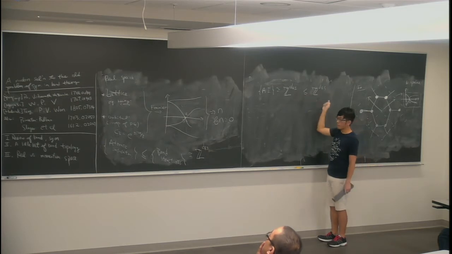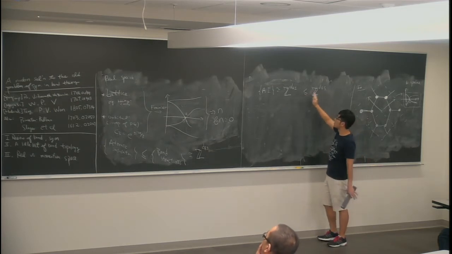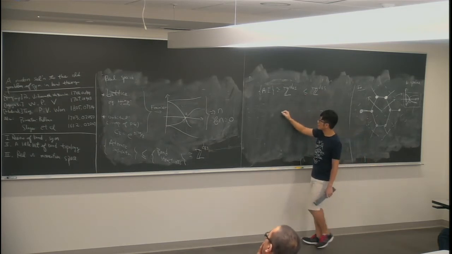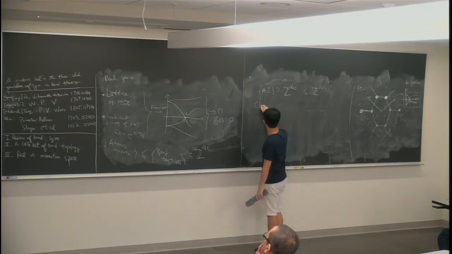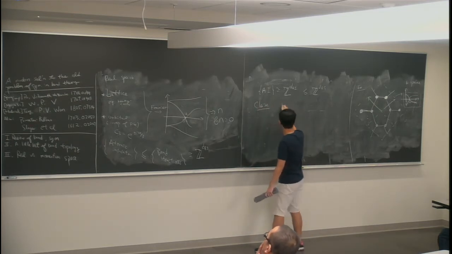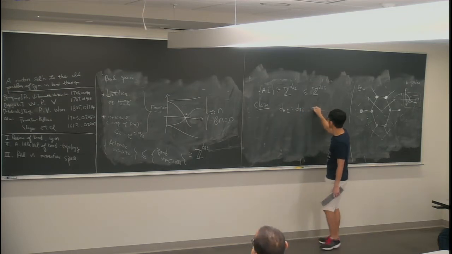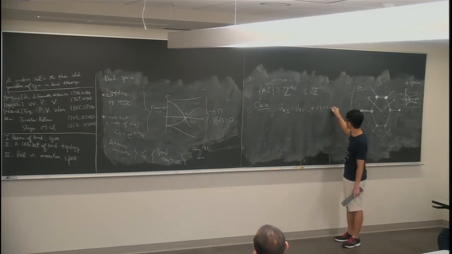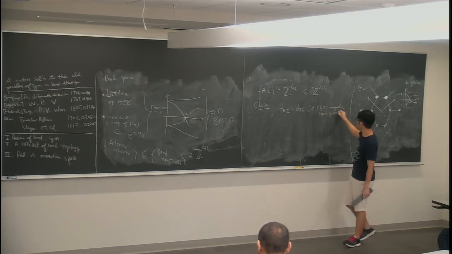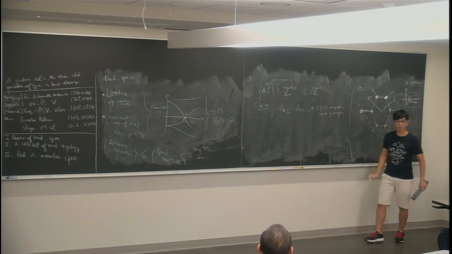So you want to ask if it's a subgroup, if it's really basically almost an entire group or not. And the claim is that these two are the same number. Always, for all magnetic space groups.